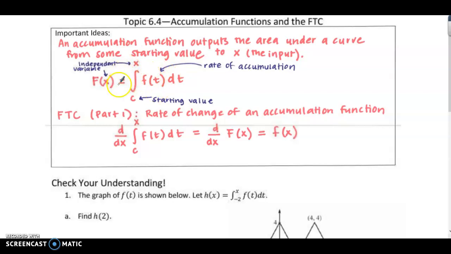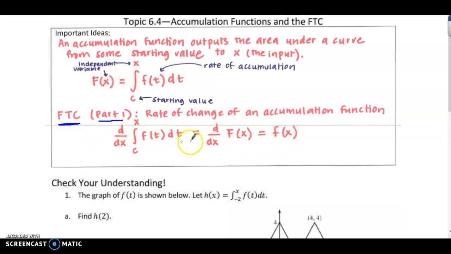When we take this integral from some starting value to x, we actually get the accumulation, because we're finding the sum of this rate of accumulation. And so this brings us to the fundamental theorem of calculus, part 1. The derivative of that integral is equal to the derivative of capital F of x, which is equal to f of x.